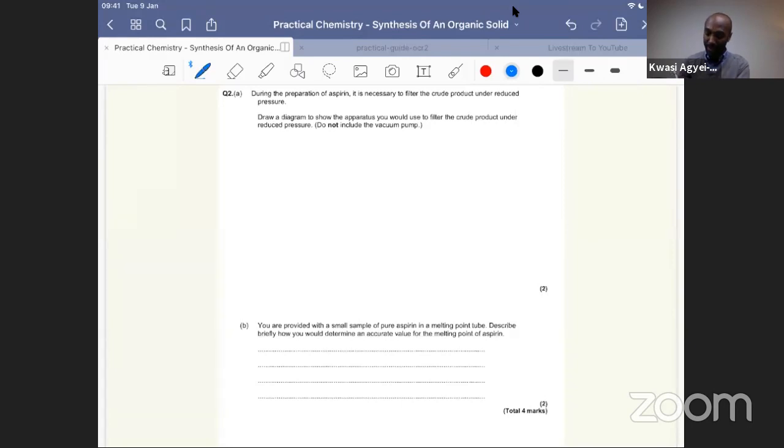So we're going to have a conical flask with a side arm, and in that conical flask, you're going to have your Buchner funnel. And in your Buchner funnel, you're going to have a piece of filter paper. And so that is the basic outline of the apparatus you need.